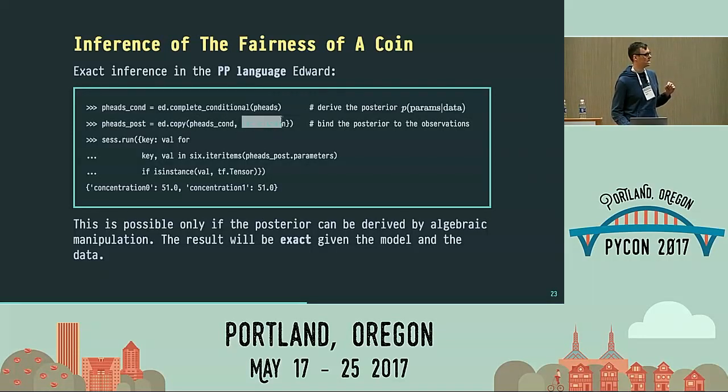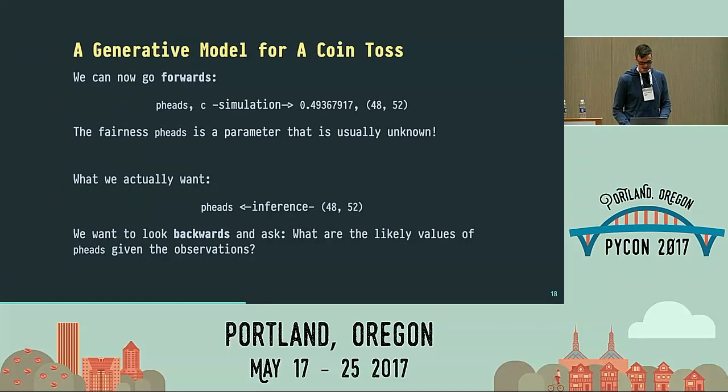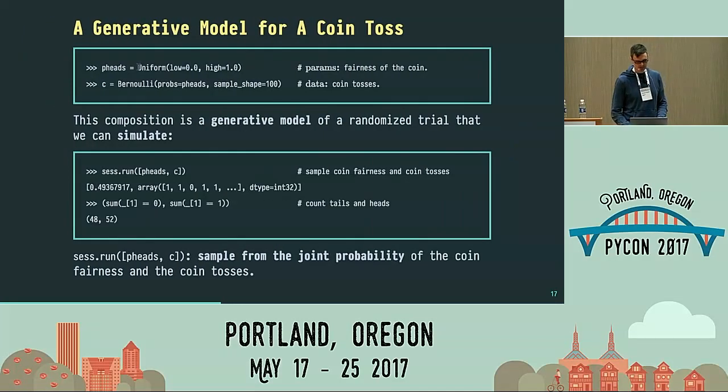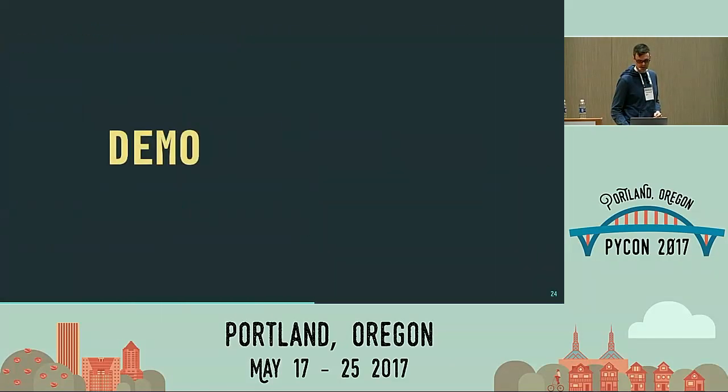You pass in this dictionary that says C now corresponds to this training data. And remember, C was the definition of this Bernoulli distribution. So C defined how coin tosses come about once you have the fairness of the coin.